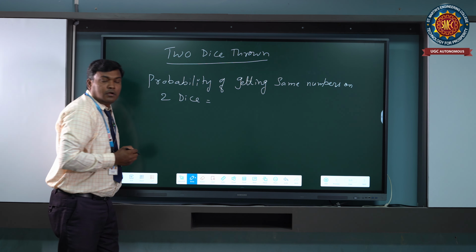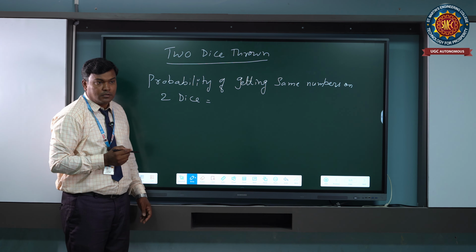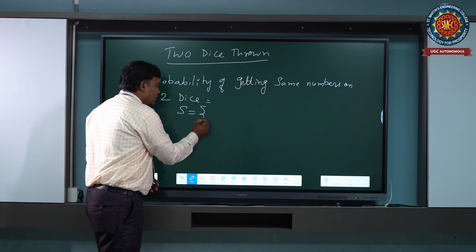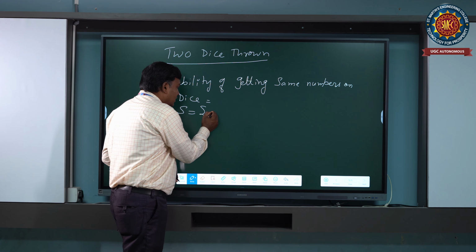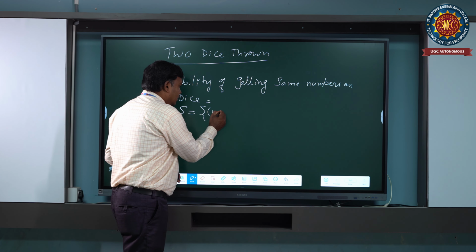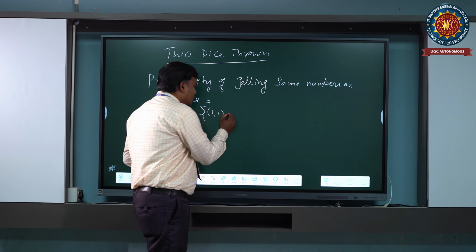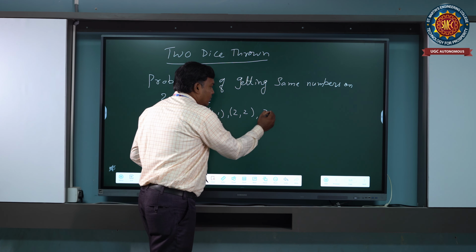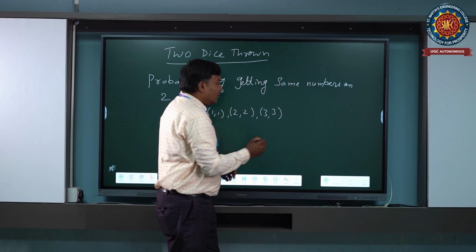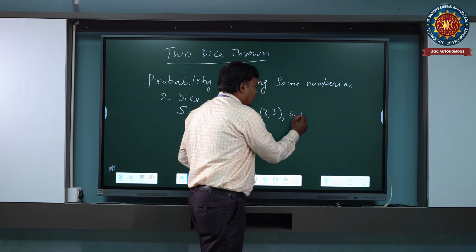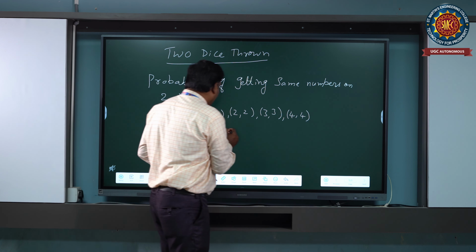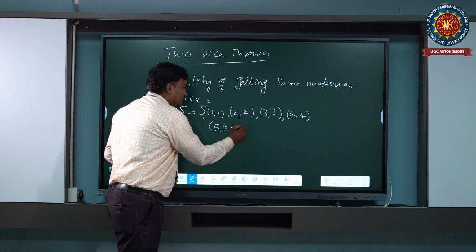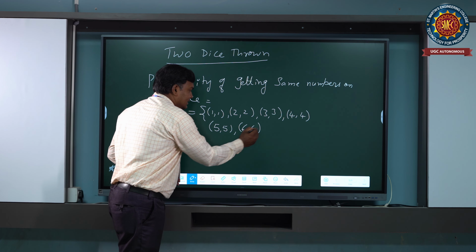What are the outcomes? What will be the sample space? S is equal to the sample space: 1 comma 1, 2 comma 2, 3 comma 3, 4 comma 4, 5 comma 5, 6 comma 6.